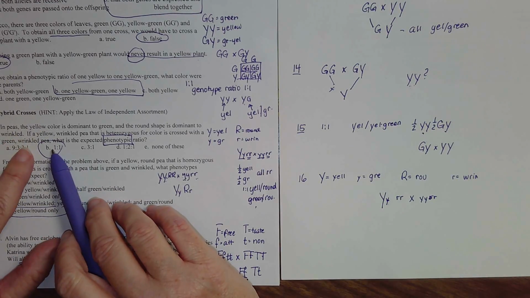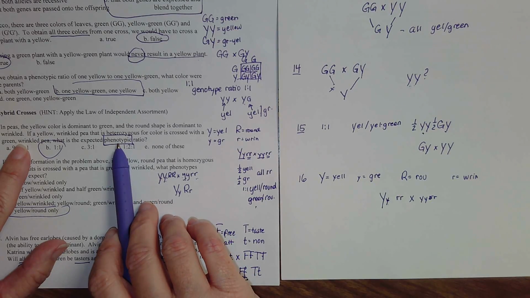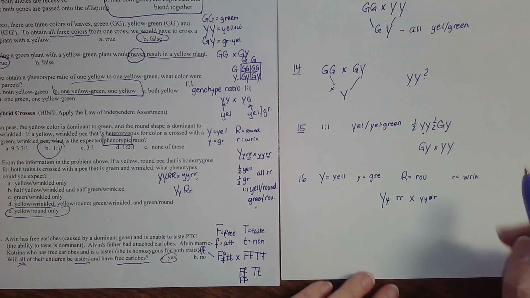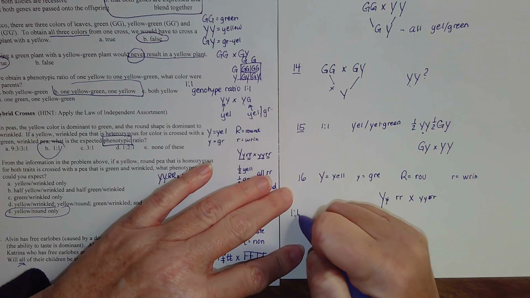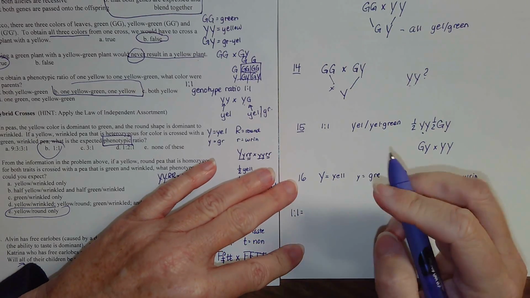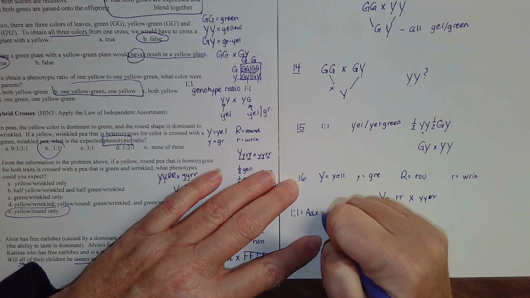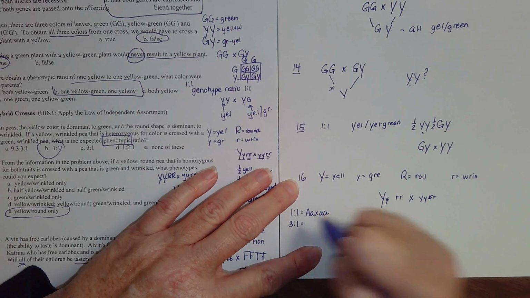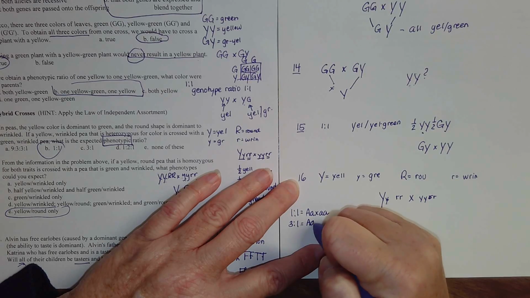Find my question here. What is the expected phenotypic ratio? In other words, what are my offspring going to look like? So here's how I wouldn't do a Punnett square with this. If you know the ratios that I told you, 1 to 1 means that the parents were heterozygous crossed with homozygous recessive. 3 to 1 means that the parents were both heterozygous.